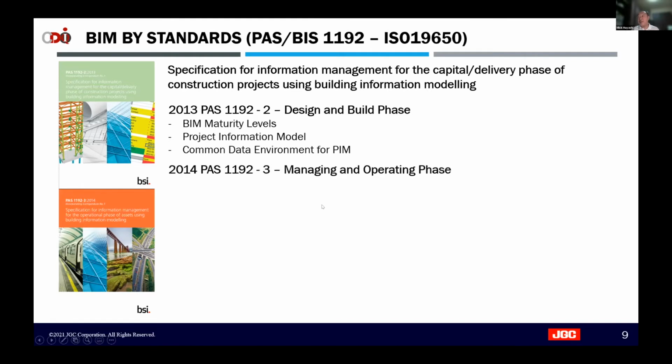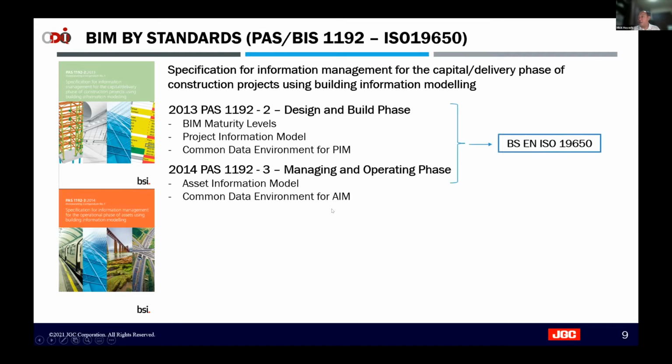And the next year, 2014, PAS 1192 Part 3 was released for the managing and operating phase. That means operating the plants. So this focuses on the asset information model instead of the project information model. And again, the common data environment, in this case for AIM, asset information model.